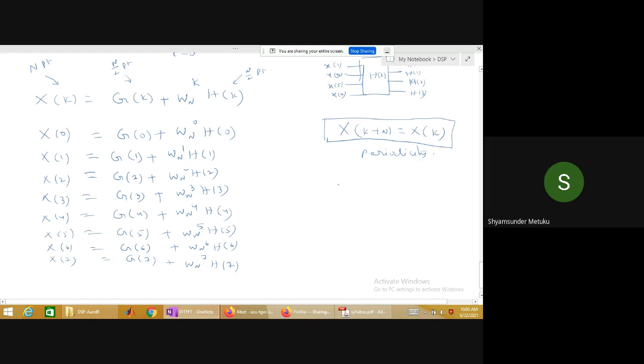N by 2, isn't it? G of k and H of k are N by 2 point DFT, so the period will be 4. So G of k plus 4, can I write as G of k? Yes, sir.